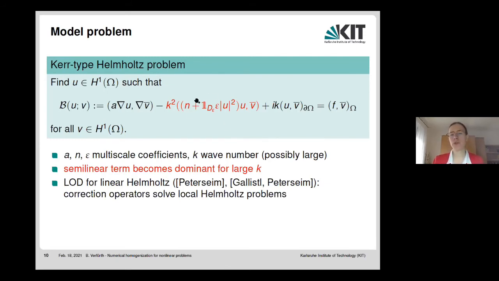For example, if you leave out the nonlinearity for a moment, so if you set epsilon to 0, it was shown by Daniel Peterseim and co-workers that if you want to construct a localized orthogonal decomposition for the linear Helmholtz problem, it's not sufficient to correct with respect to this elliptic part here, but you have Helmholtz problems for your correction operator, so you need to use this part with K as well.